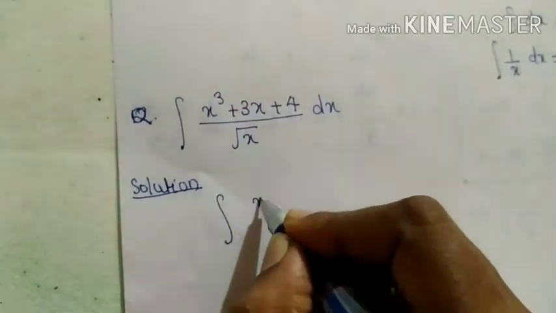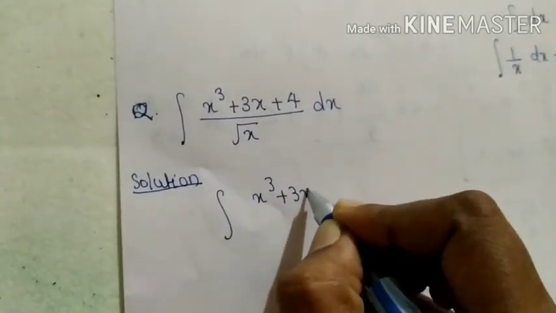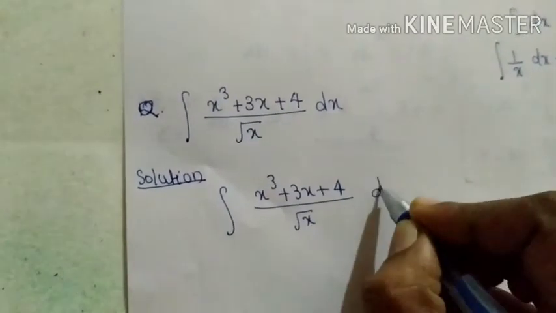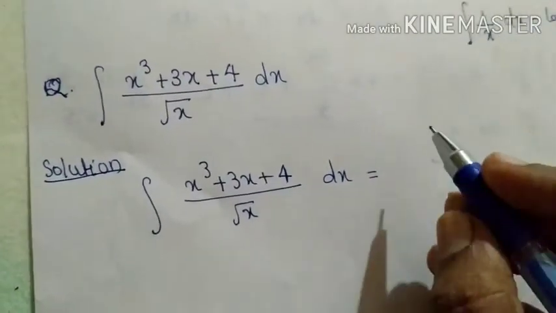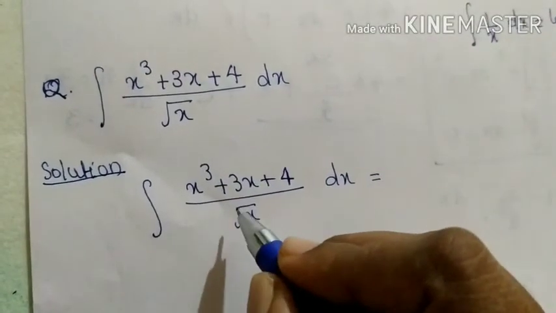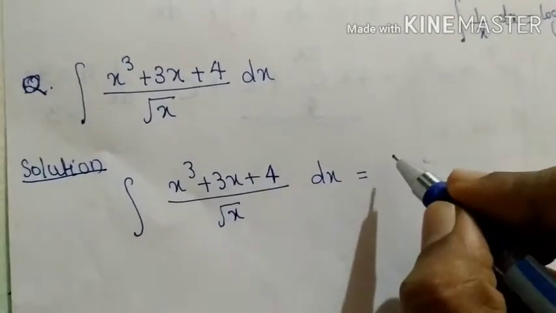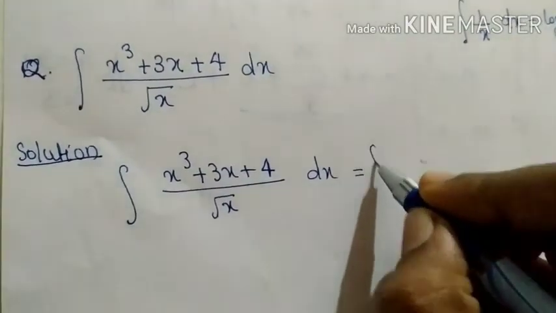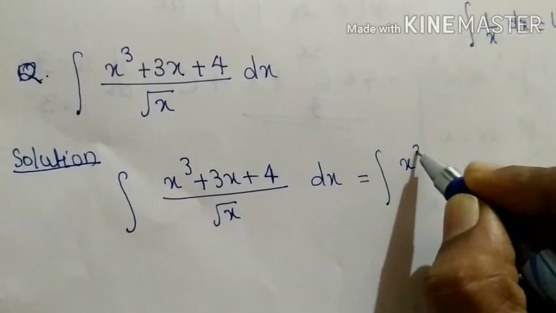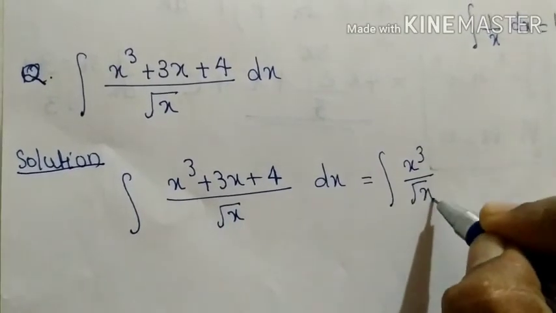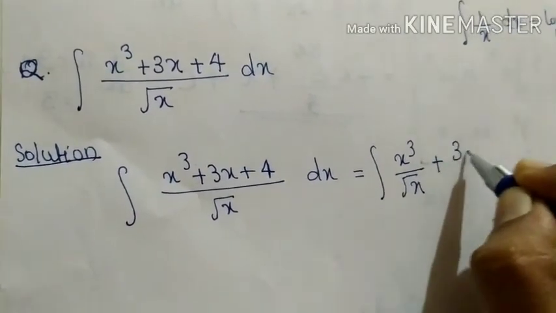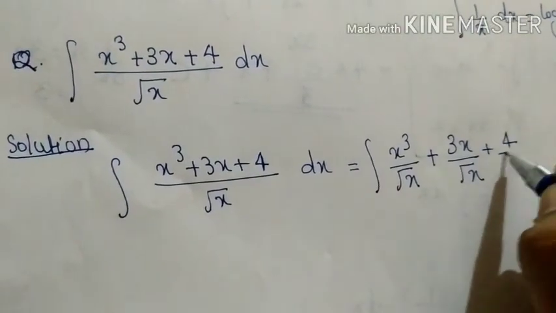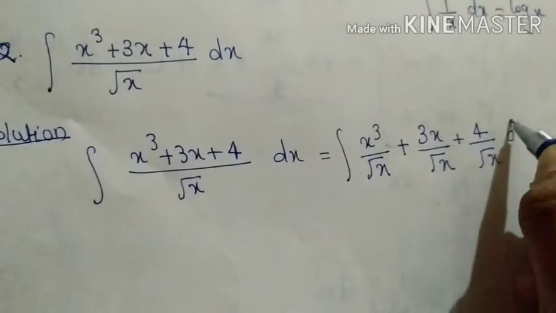Given the integral of (x³ + 3x + 4) divided by √x dx, it can also be written by dividing each term by √x. Dividing each term by √x, we get the integral of x³/√x + 3x/√x + 4/√x dx.